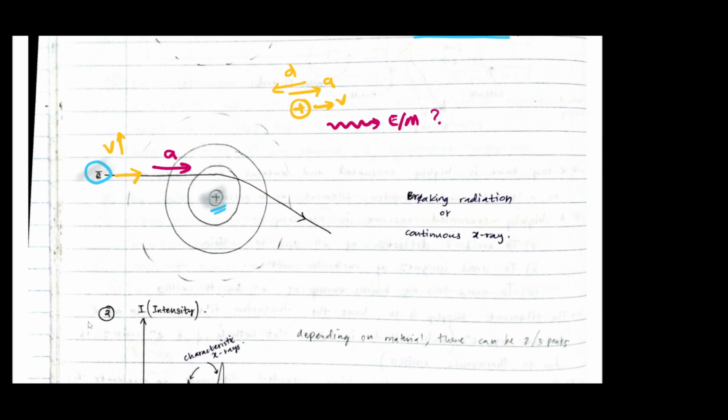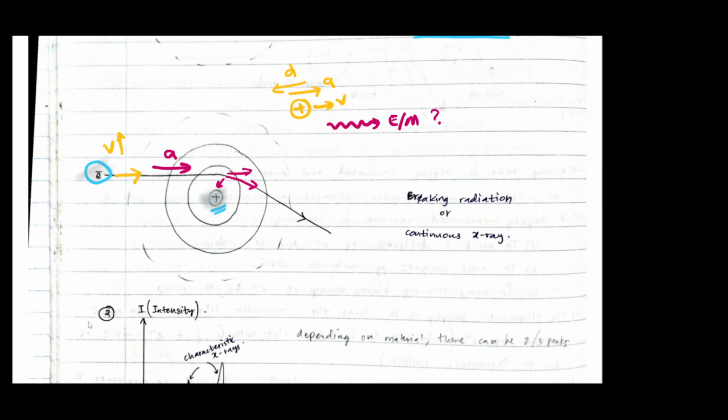And as it passes this nucleus, it tends to get closer, but as it is having a velocity in this direction, it's slightly deviated.